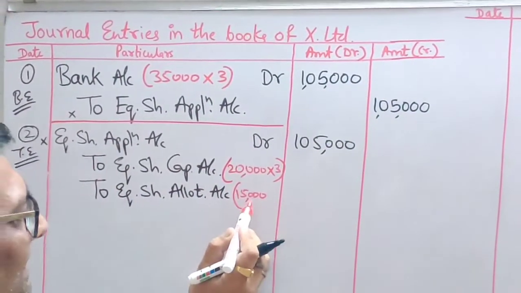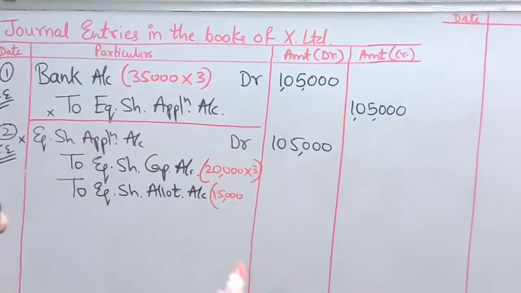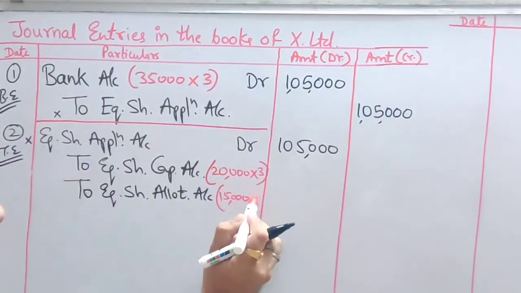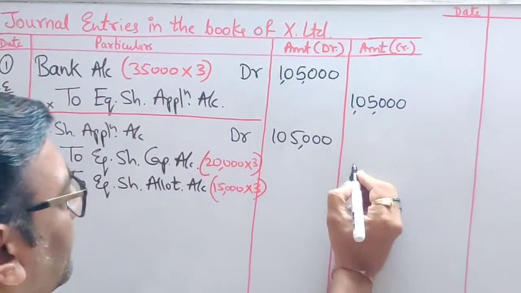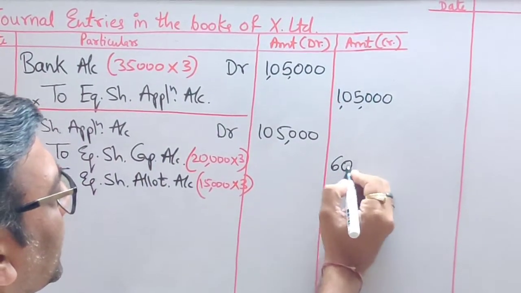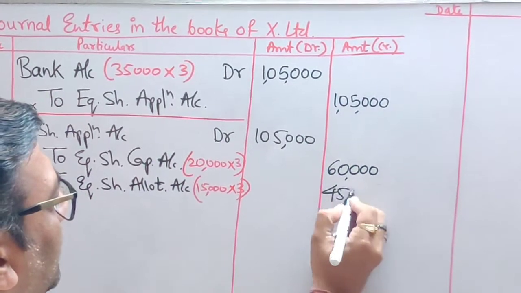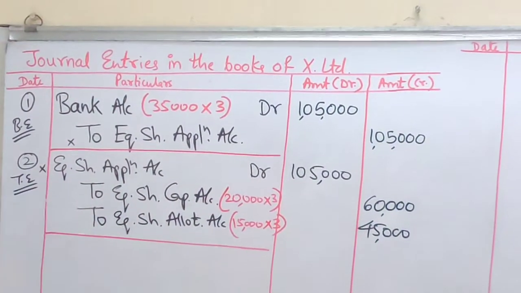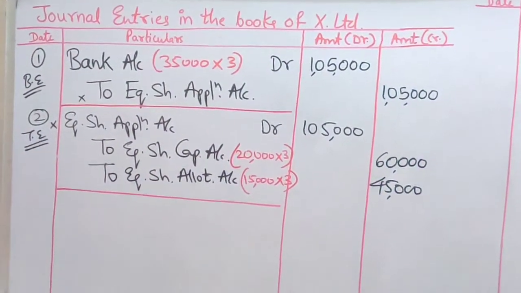So put this adjusted figure in the allotment account, and the allotted figure you will put in the capital account. Am I clear with this? Into 3. Now what will be the amount, students, here? 20,000 3s are 60,000 and 15,000 3s are 45,000. So these are your first 2 entries of application, bank entry and transfer entry.